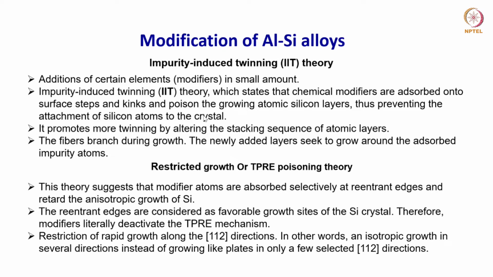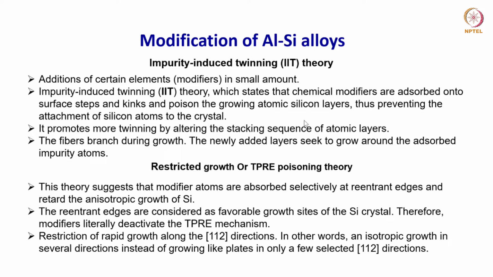Okay, so on the crystal surface, if you see, it is not completely perfect. There may be some defects such as some steps or this kind of kinks. So in these places, these modifier atoms actually can get attached to and poison the growing atomic silicon layers.